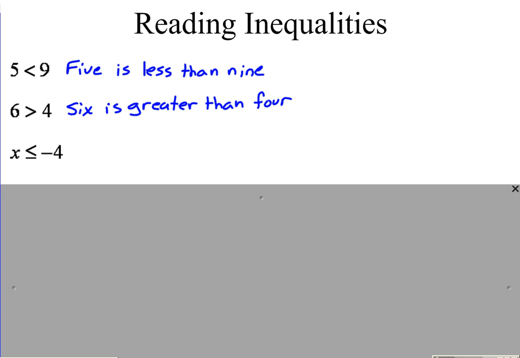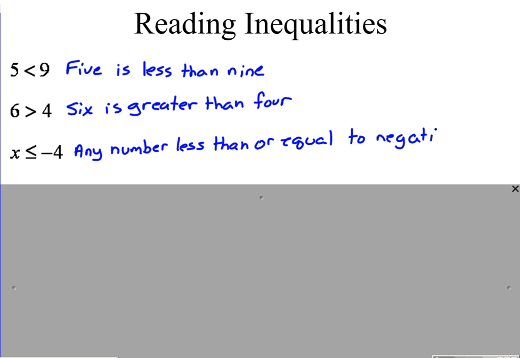Once we introduce a variable, x is less than or equal to -4, but what does that variable really represent? Well, a variable can represent any number, remember. So this inequality is representing any number less than or equal to -4.